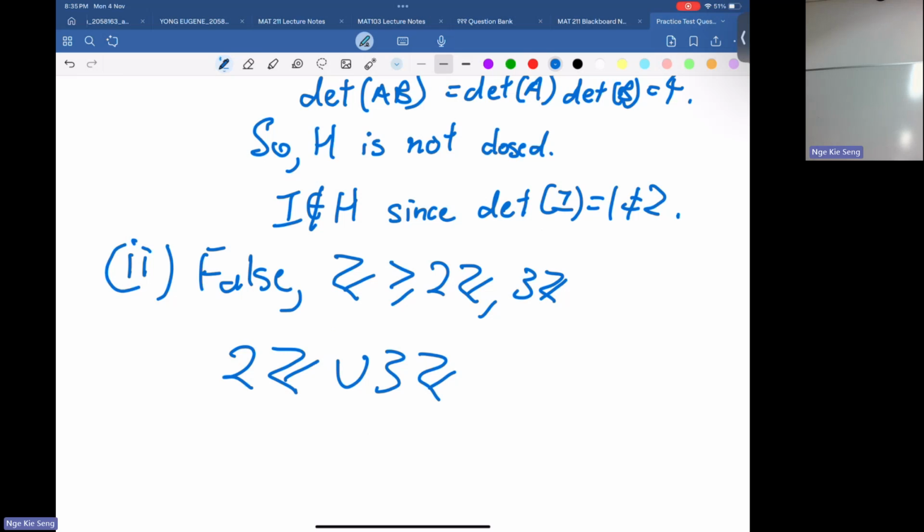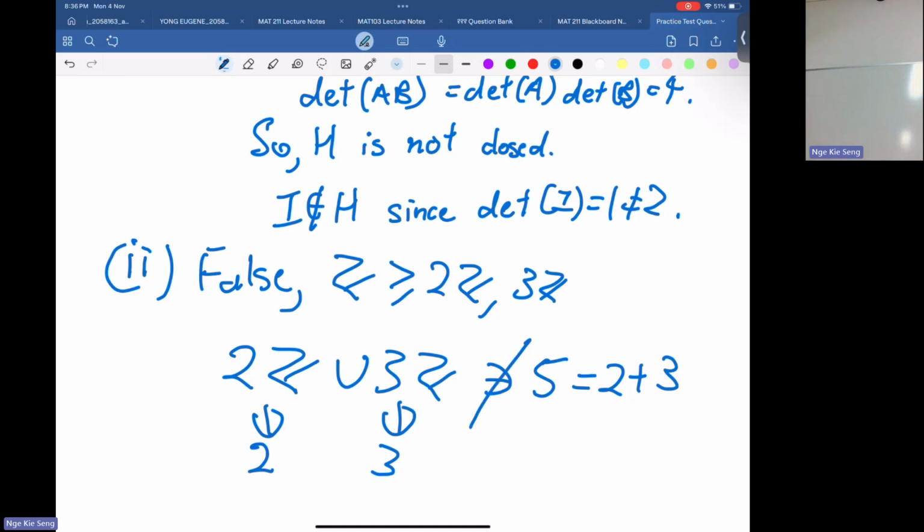Why not closed? Take 5, which equals 2 plus 3. 2 is in 2Z and 3 is in 3Z, but 5 is not in the union. It's not a multiple of 2 and not a multiple of 3. Understand?